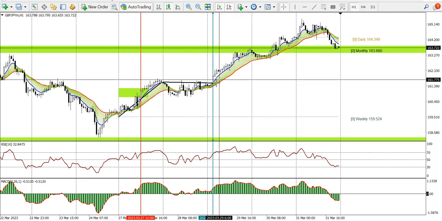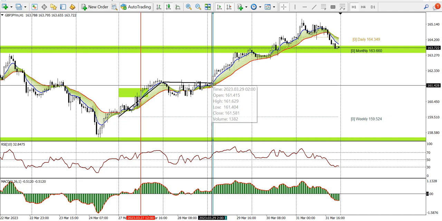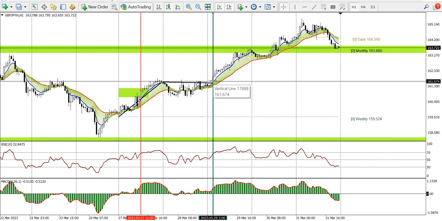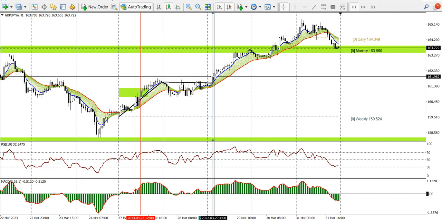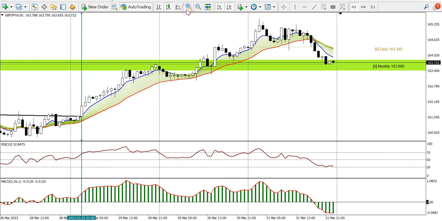But anyway, if we were in front of our screen, we could have opened this trade, but it is the Asian session, and most of us may not trade at this time.